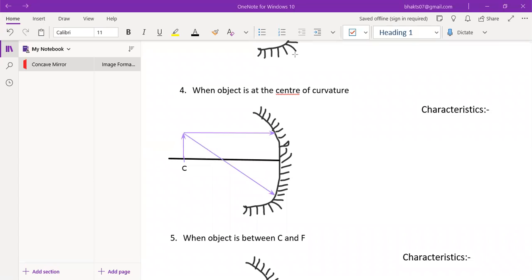Now the first ray, after reflecting the mirror, then about the second ray, after reflecting, it goes somewhat in this direction. Actually, it meets the first reflected ray.